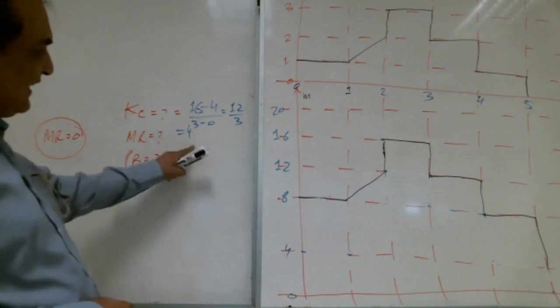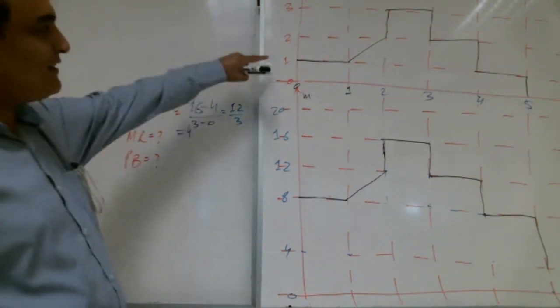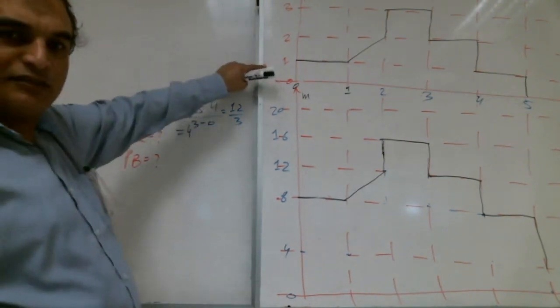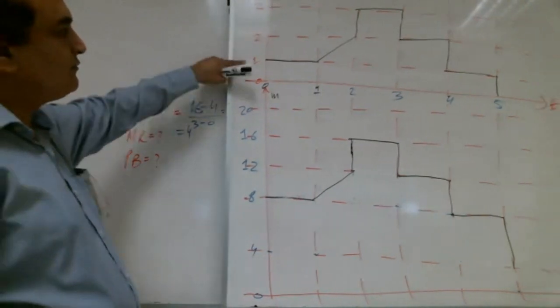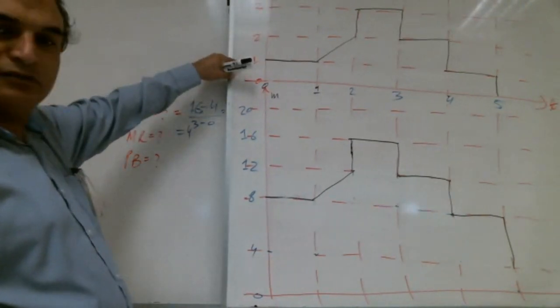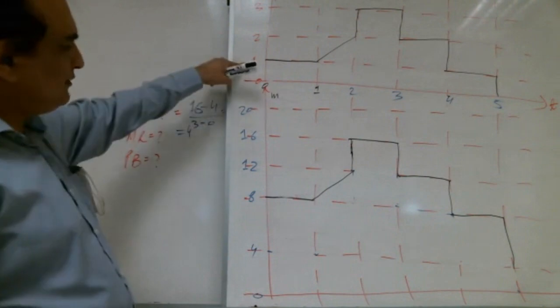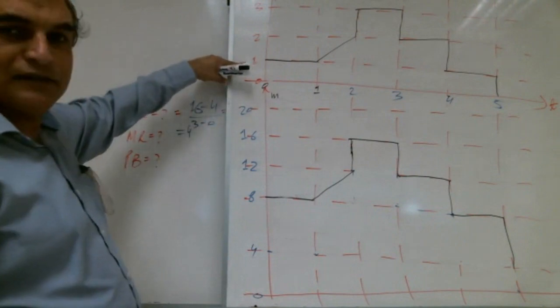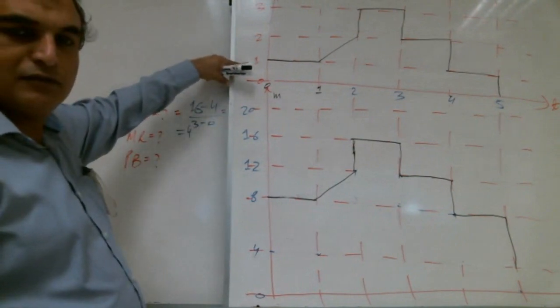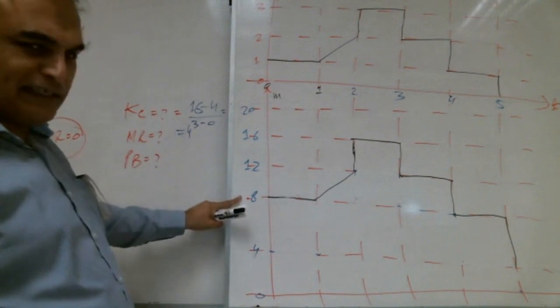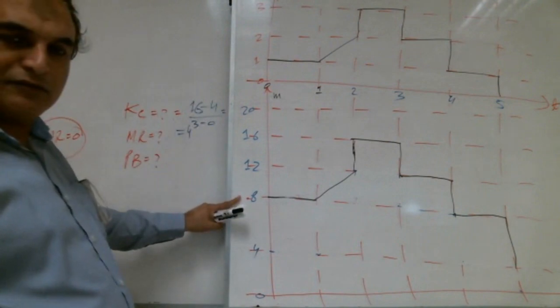Now, if the gain is 4, this is the error. Error is how much? 1. So 4 into 1, output should be what? Will be 4. How much is the output here? 8.